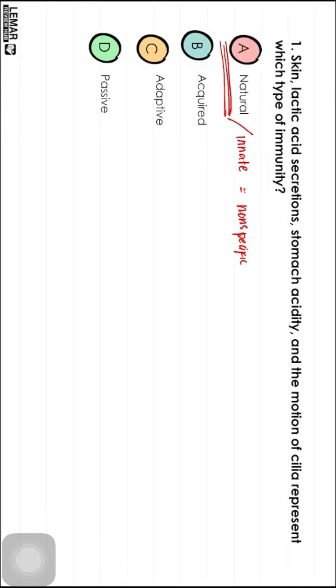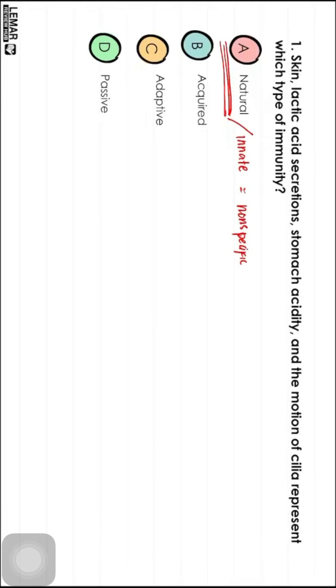When we say naman po passive, this is the term that we use when antibody is formed in one individual that is given to another individual who is at risk of infection. Okay?